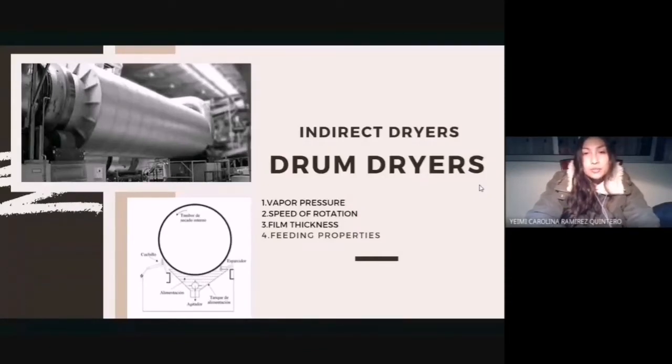Four variables influence the performance of the drum dryer. They are vapor pressure or temperature of the heating medium, rotation speed, film thickness, and feed properties like concentration and temperature. Next, please.